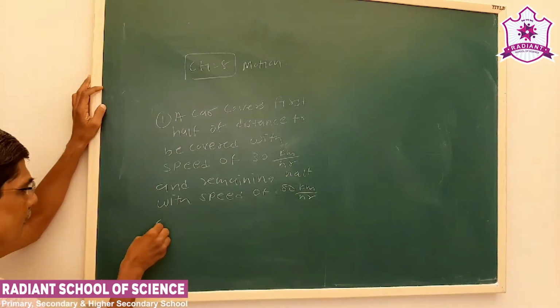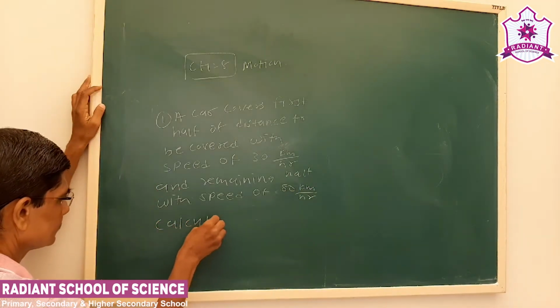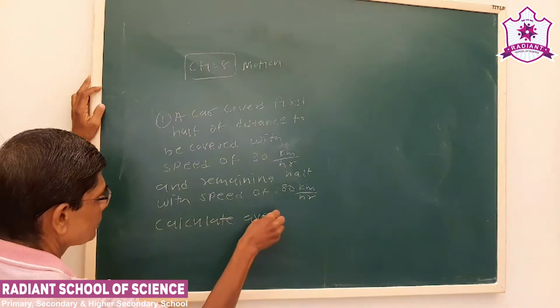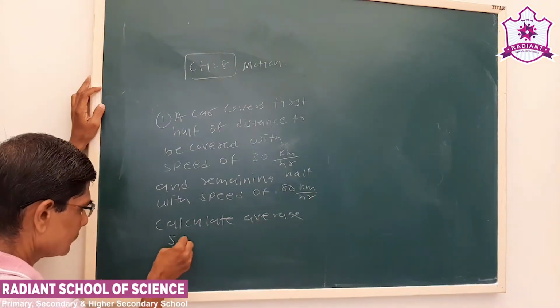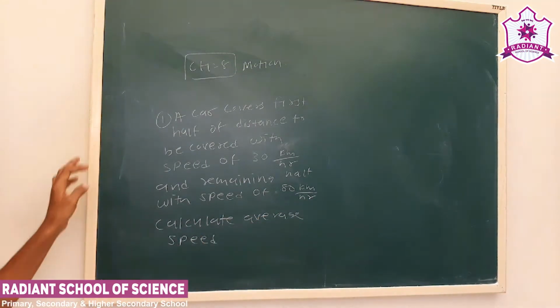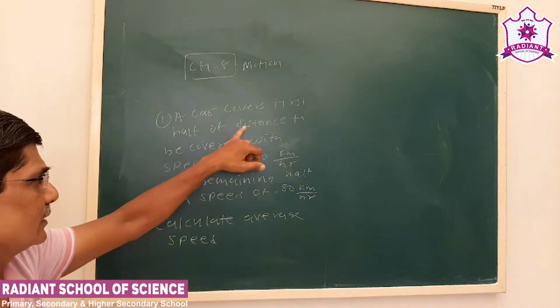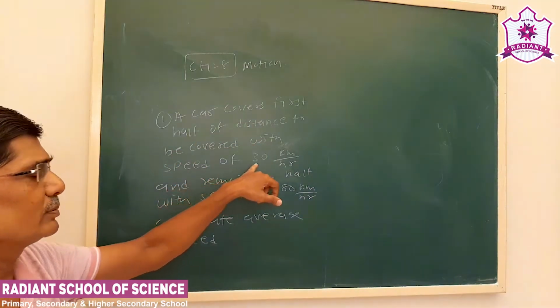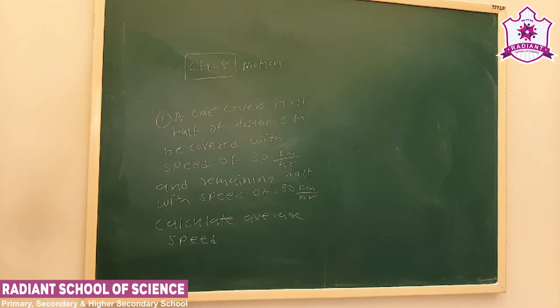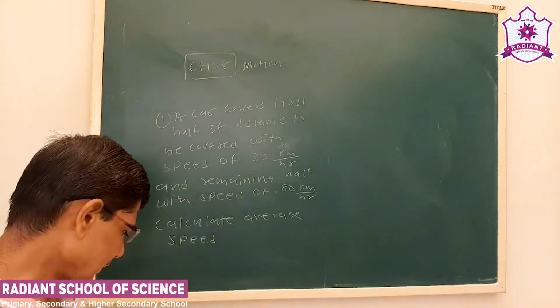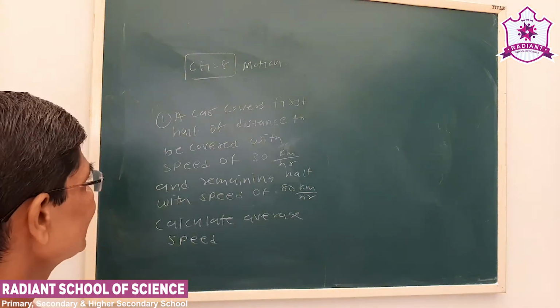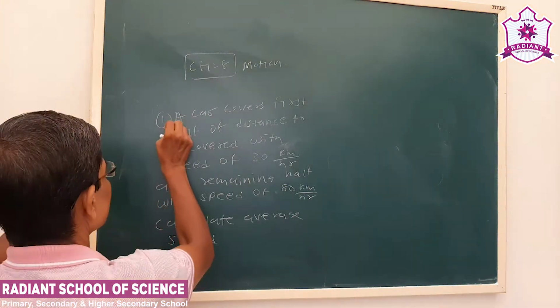Okay, calculate. See, a car covers first half of the distance with a speed of 30 km/h, and the remaining half with a speed of 80 km/h. Calculate the average speed.